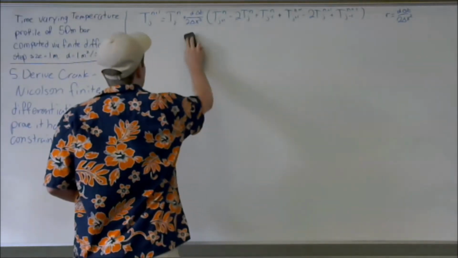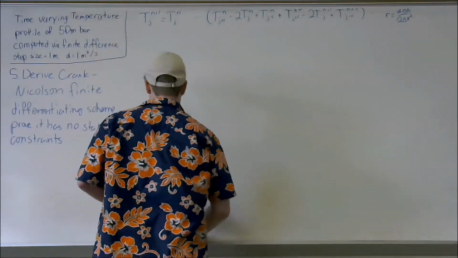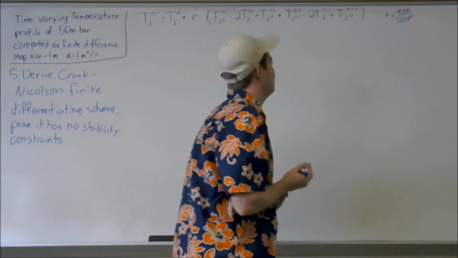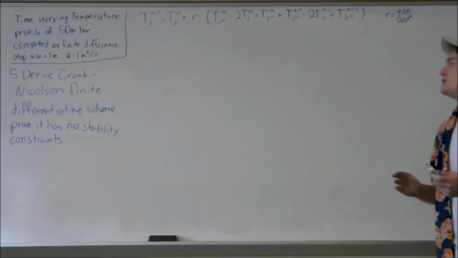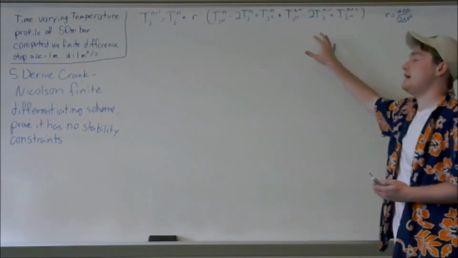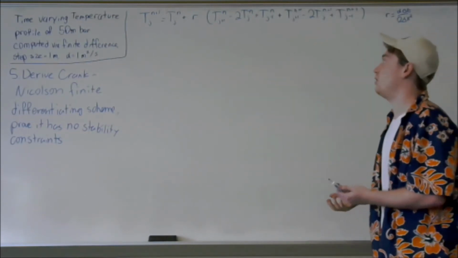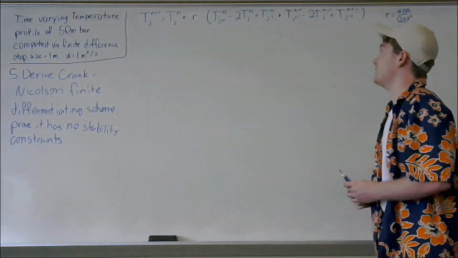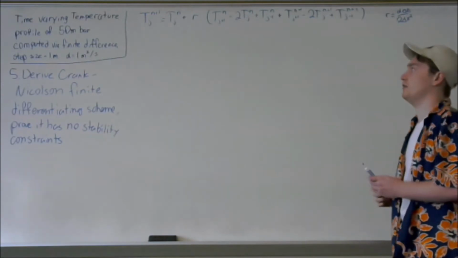Like that, we can replace this value here with r. Beautiful. Now, the same approach as when we were differencing the original equation, we want to get all the values that have an n+1 on one side and all the values that don't have an n+1 on the other.